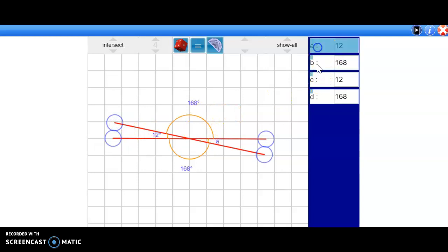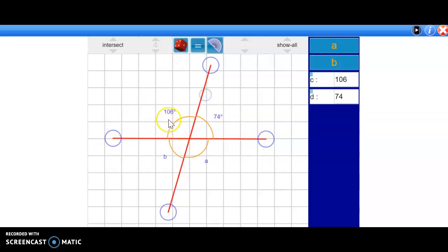Then you can cover the value of them, and then test yourself. So if this angle is 106 degrees, what is the value of the angle across from it? It is 106 degrees. If this angle, which is my D, is 74 degrees, what is the value of B?